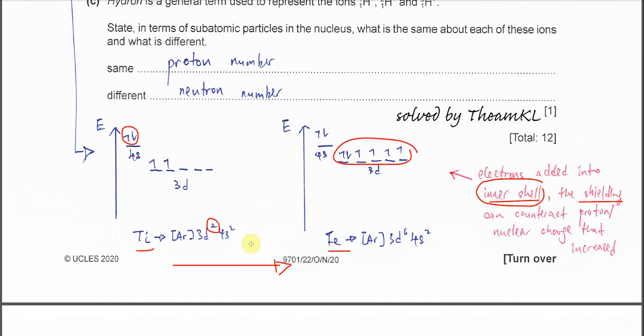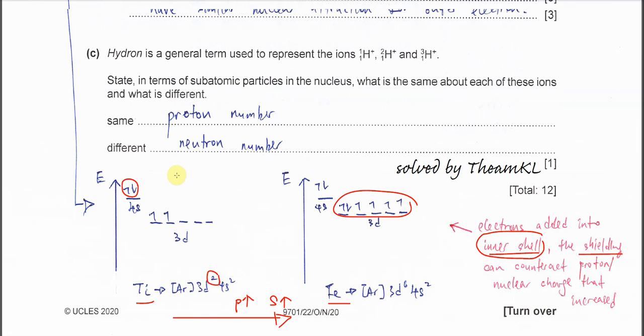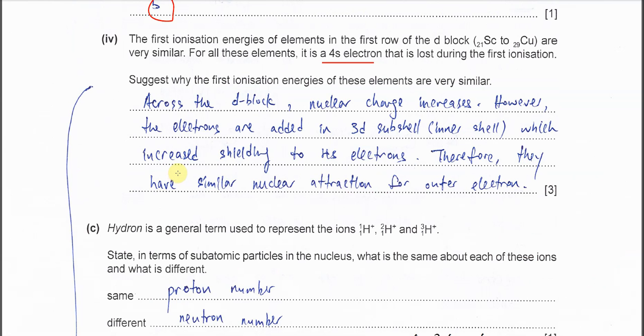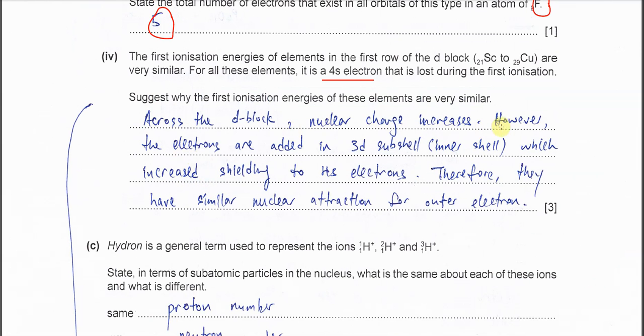That's why across this row, even though proton number increases, the IE will not increase so much, or the IE is almost similar, because when protons increase, the shielding also increases, because electrons are added into the inner shell. That's the reason why it's always constant, right? So if you understand what I'm telling you, you should be able to understand this statement.